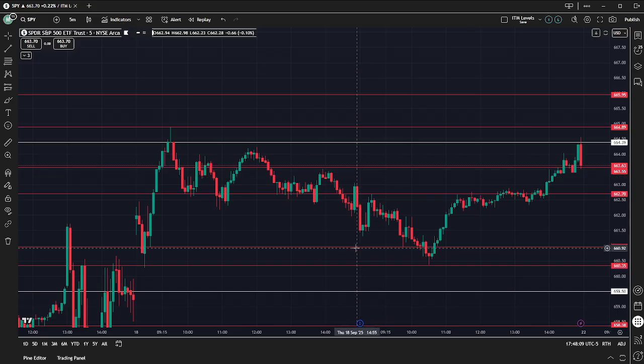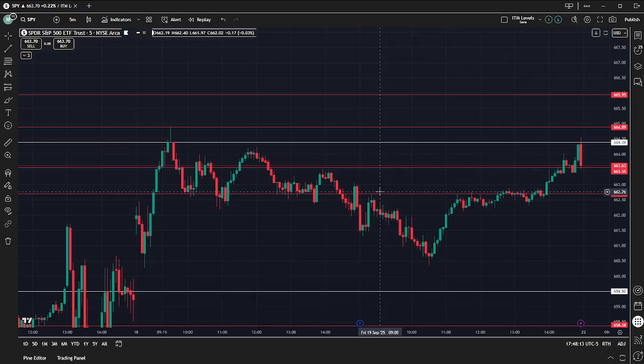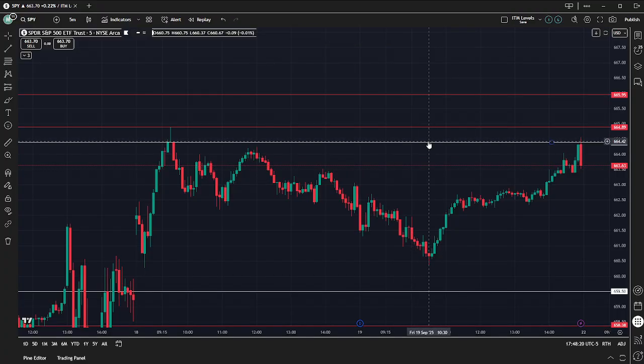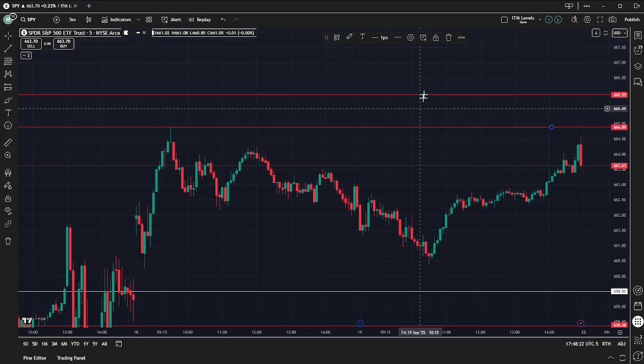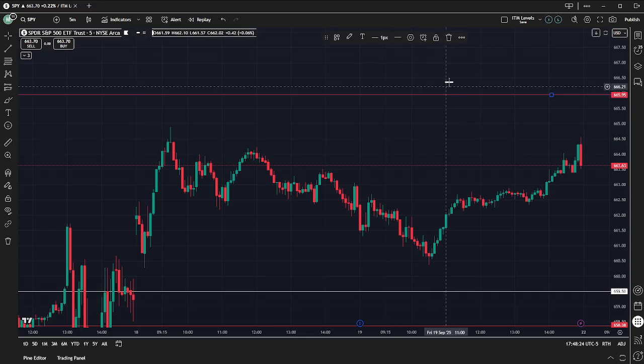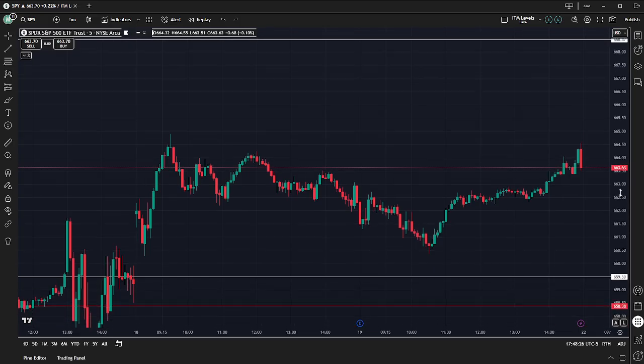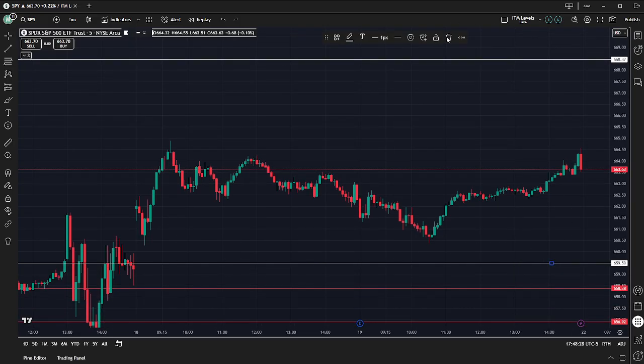I'm gonna delete all these levels I currently have drawn up. We're gonna redraw them. I'm probably not gonna draw up as many levels to the downside like I usually do, but we're gonna be going over more.